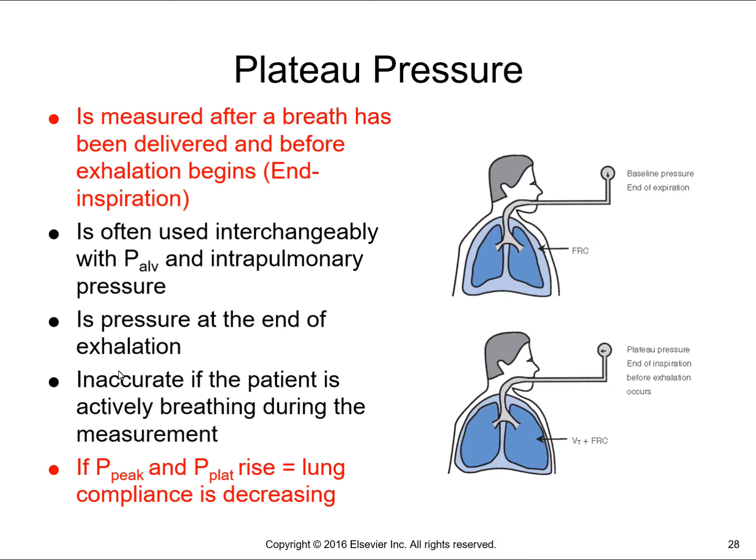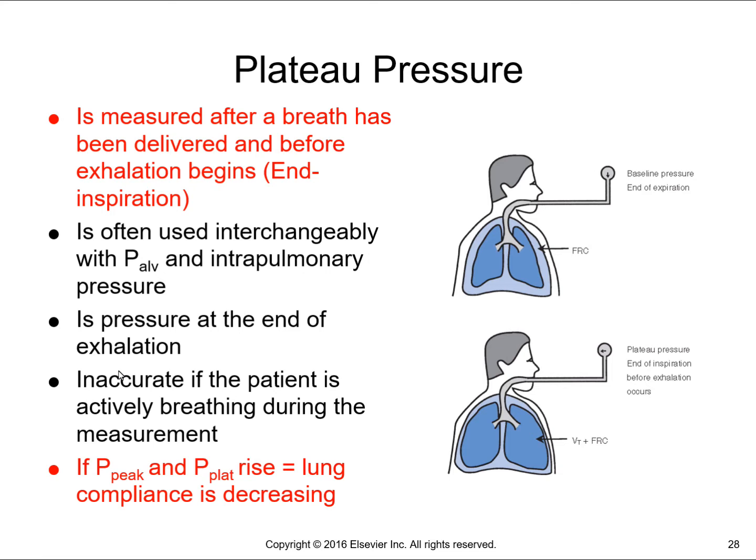When we talk about plateau pressures, that is how much pressure is in the alveoli at the end of inspiration. It's dealing with a static movement of air, meaning there's no air moving at all.